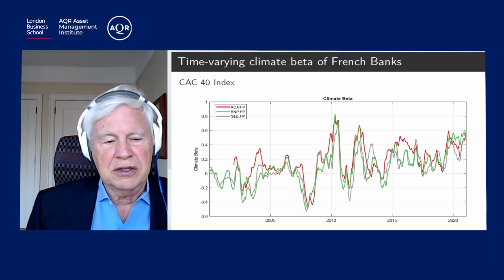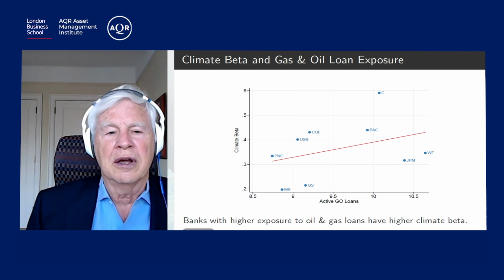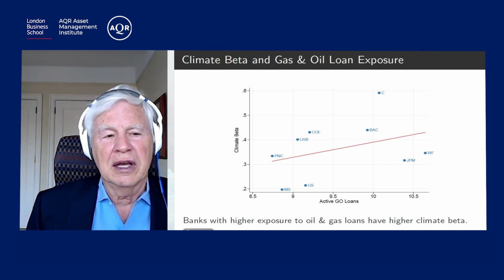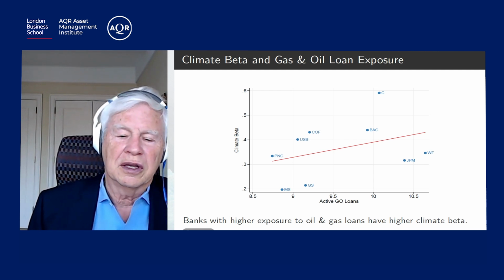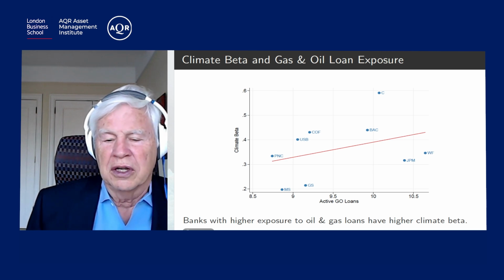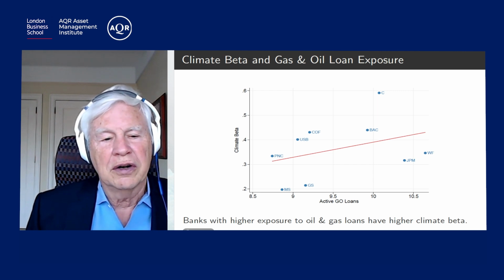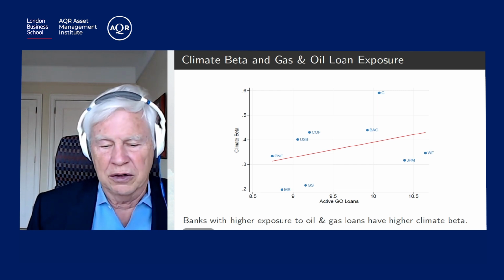If you look at French banks, you see something kind of similar at the end. If you look at the holdings of the U.S. banks at the end of this period from publicly available information, you can look at the proportion of active gas and oil loans in each of these banks. You see it is positively correlated with the climate beta that we have.